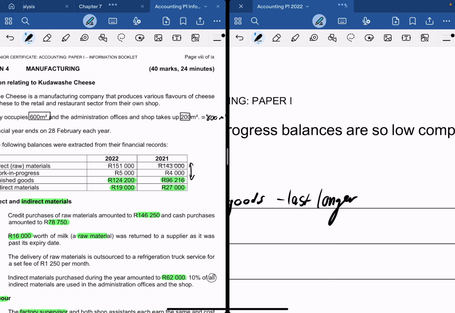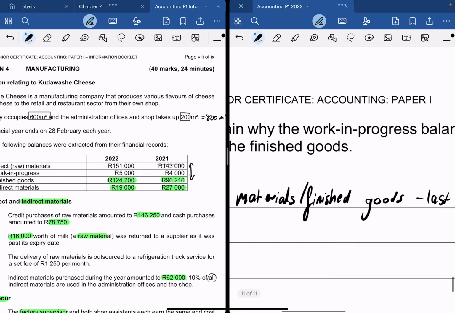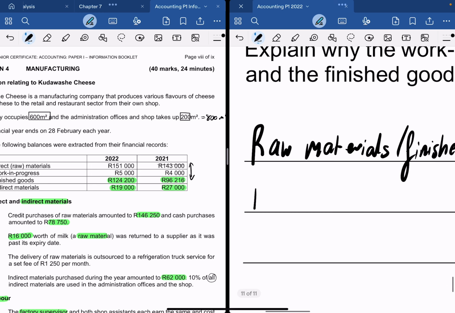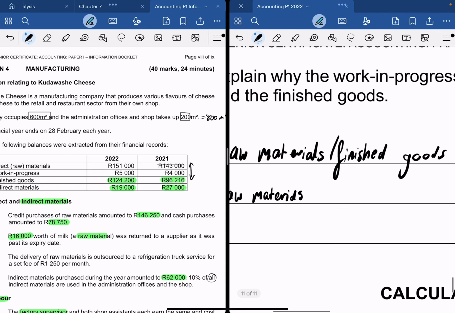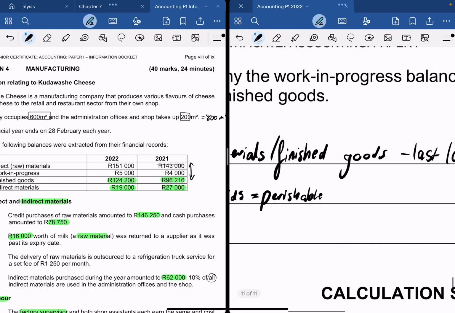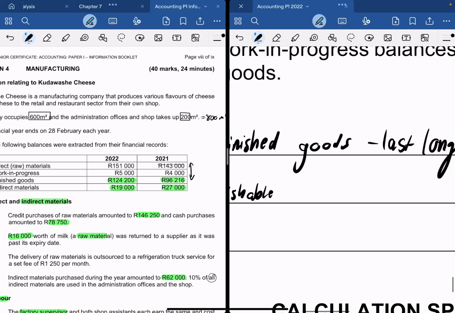Then also, raw materials, they're used up. So with raw material, they can't get halfway through making cheese.